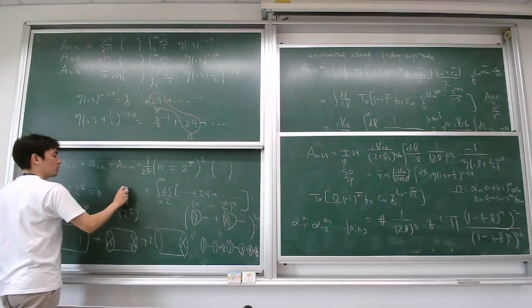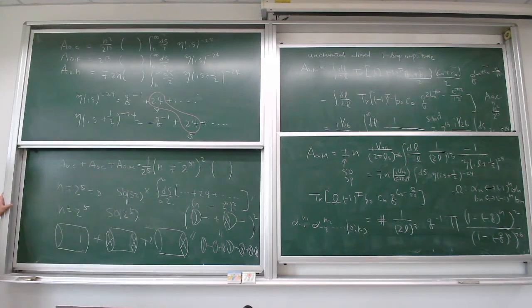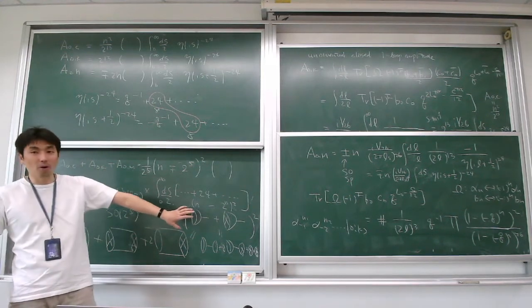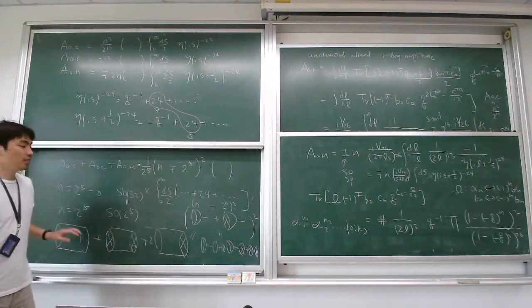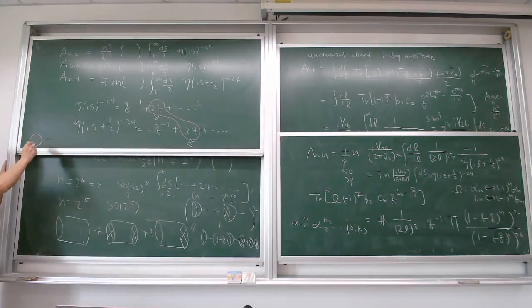And this is SO(32) in superstring. And the reason why it's called tadpole cancellation is that this one is called a tadpole. This one is the tadpole in quantum field theory, this guy.